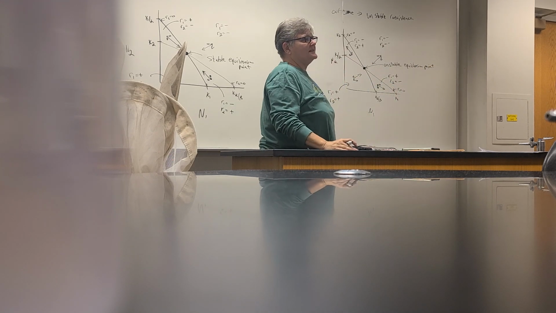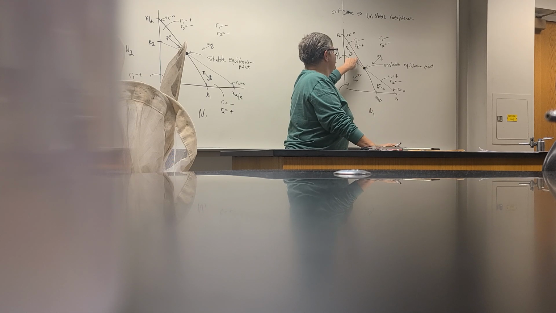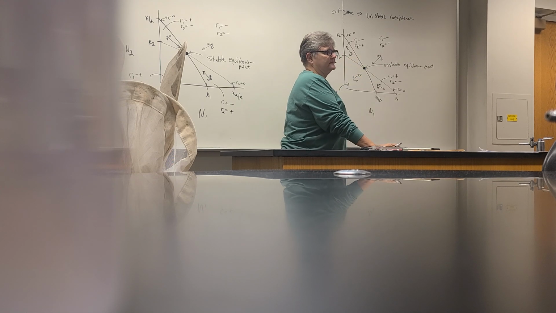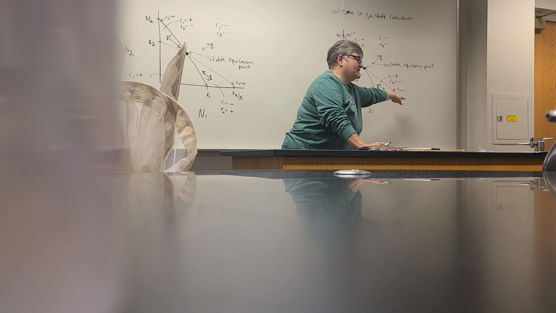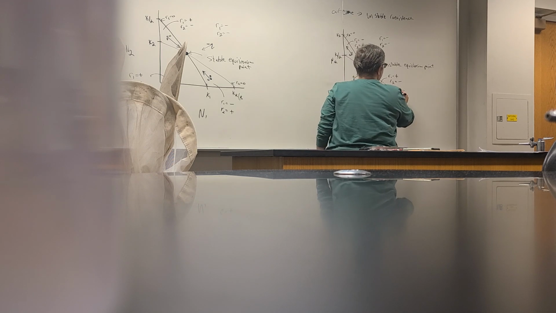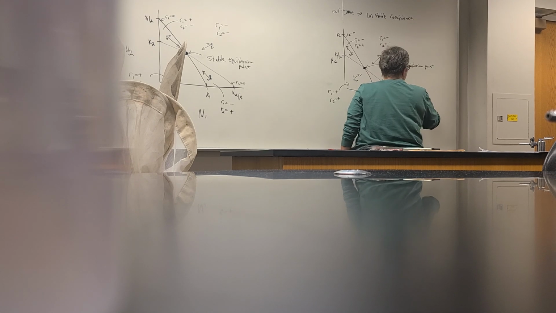And the reason why it's unstable is that if anything happens, it'll shift you either into this triangle or this triangle. If you get shifted into this triangle, then this graph is going to take you down here. And if that happens, this actually is a stable equilibrium point.